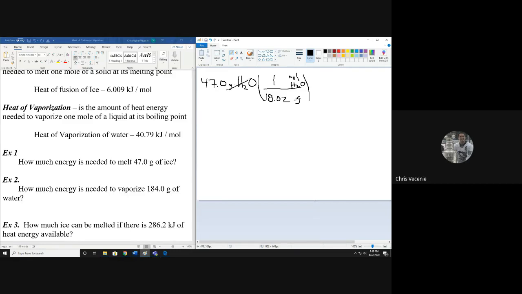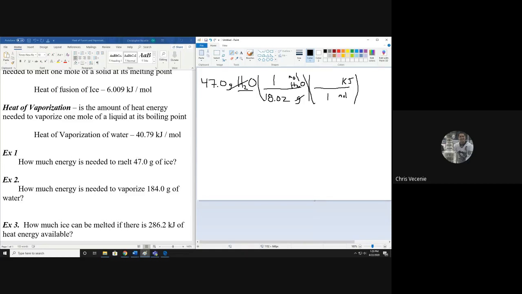So now we got ourselves to moles of the substance we're working on, and now we want to see how much energy it's going to take to change its phase. So we're going to do moles on the bottom, and we're going to go kilojoules on top. And here's where you have to pay attention to what the phase change is, because this kilojoule number is going to change based on what the substance is, water, and based on what we're doing to it.